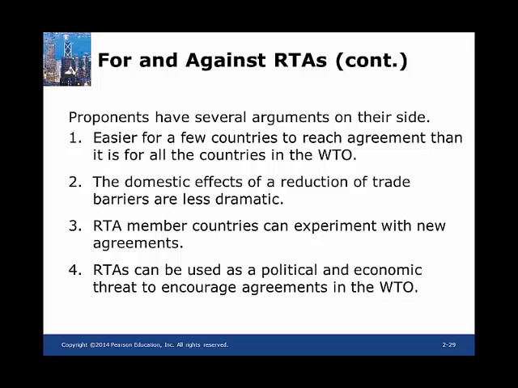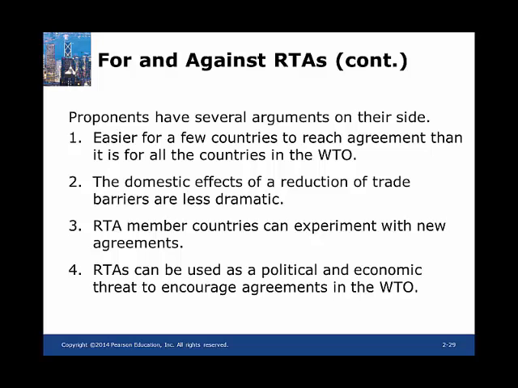Proponents have several arguments on their side: it is easier for a few countries to reach agreement than it is for all the countries in the WTO. The domestic effects of a reduction of trade barriers are less dramatic.